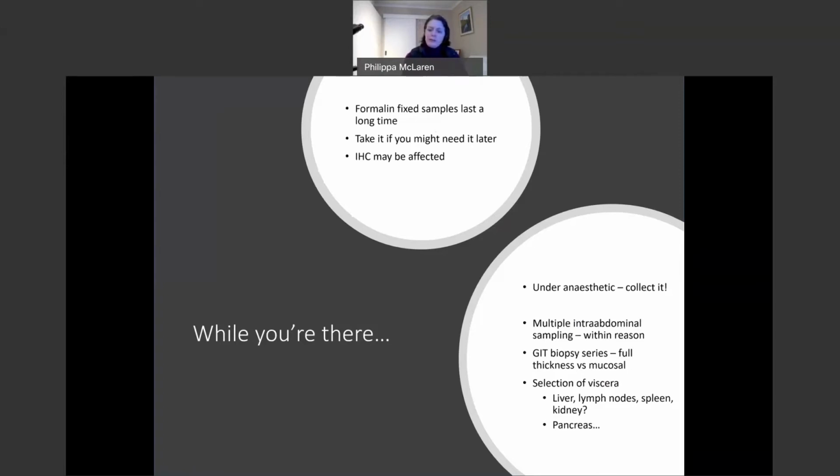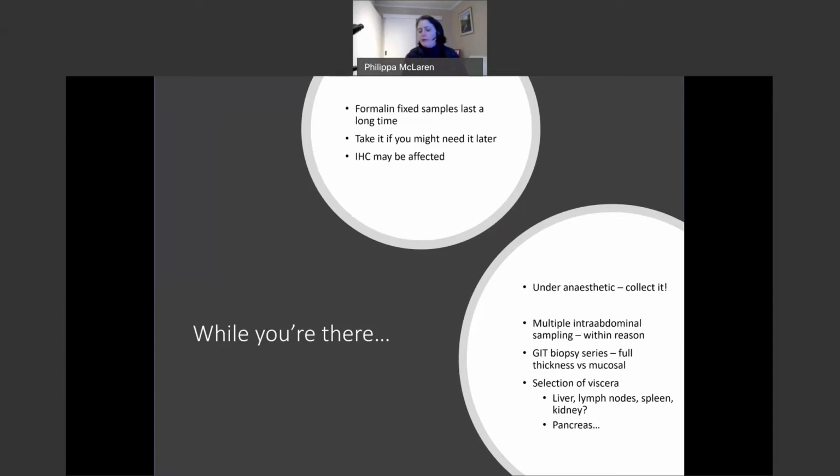If you've gone so far as an exploratory laparotomy, take multiple organ samples if you can. If you're investigating a gastrointestinal condition, take full thickness biopsies from several locations, with the compromise for surgical time and risks to the surgical sites. Full thickness biopsies give us a lot more information. Mucosal biopsies are tolerable.